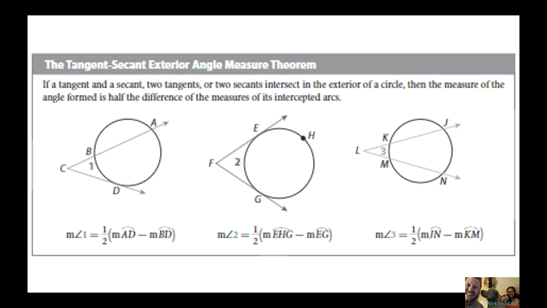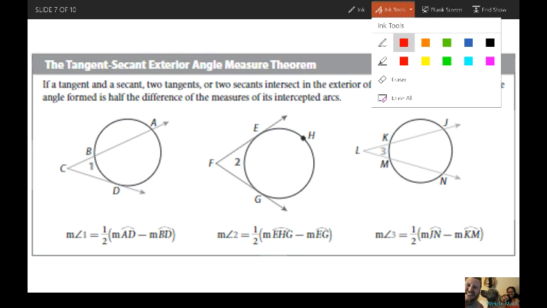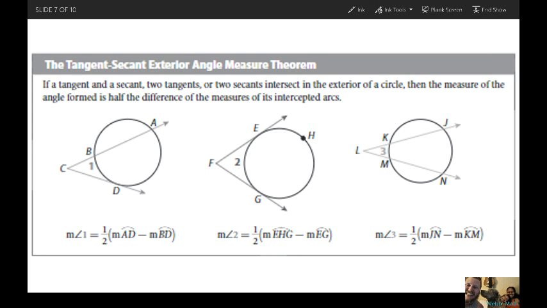All right, the tangent-secant exterior angle measure theorem. Now there's three types of situations that it can occur with these. So if a tangent and secant, or two tangents, or two secants intersect in the exterior of a circle, then the measure of the angle formed is half the difference of the measure of its intercepted arcs. So the first one is that we have a secant and a tangent.